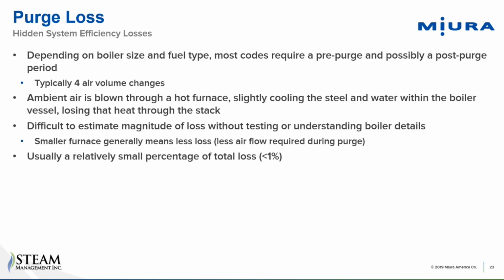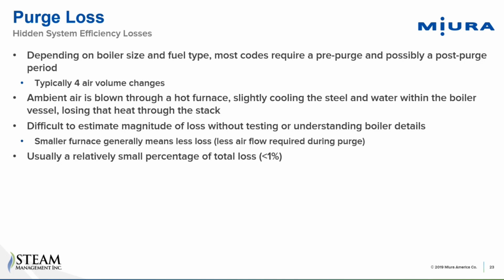So you're blowing ambient air through a hot furnace, usually hot if it's a post-purge after you've shut down recently. And then you're basically making that boiler operate backwards. You're taking heat out of the water and out of the steel and putting it into the air that's going through the stack. And so it's difficult to estimate that magnitude without testing.